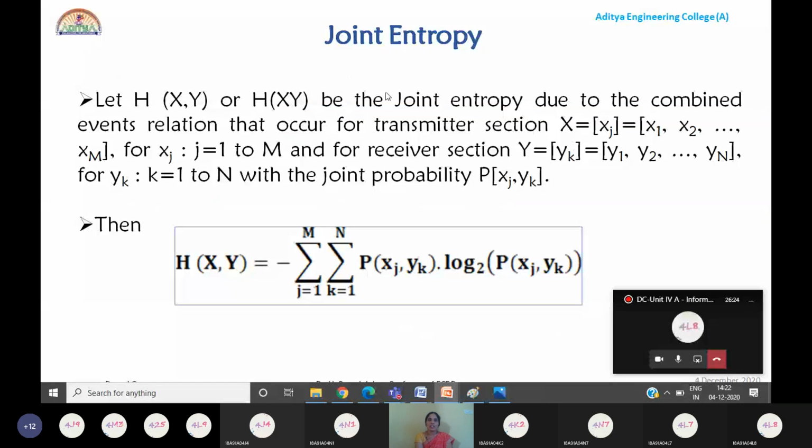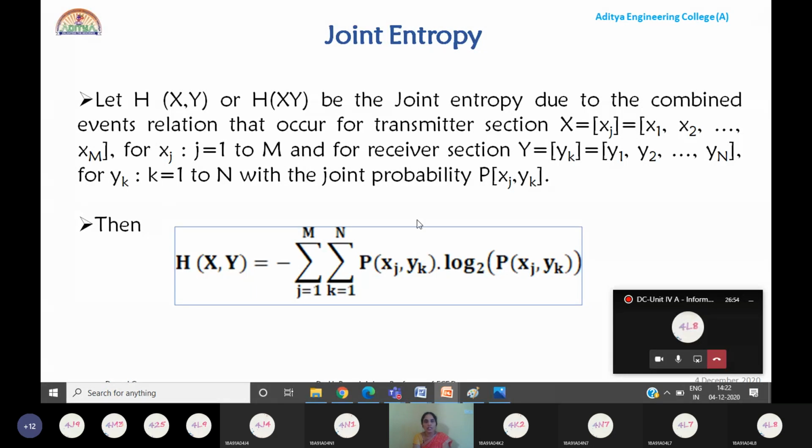And joint entropy is the combined relation of events that occur for the transmitter section and receiver section. So what is the expression for joint entropy? We defined it as H of XY equals minus summation j equals 1 to m, summation k equals 1 to n, p of xj comma yk log p of xj comma yk base 2.